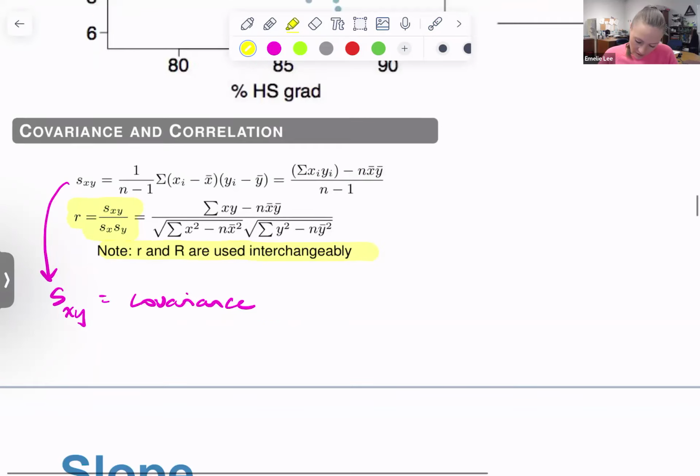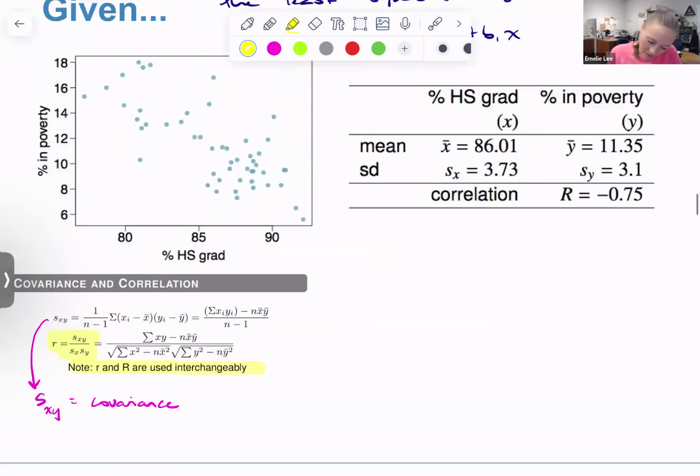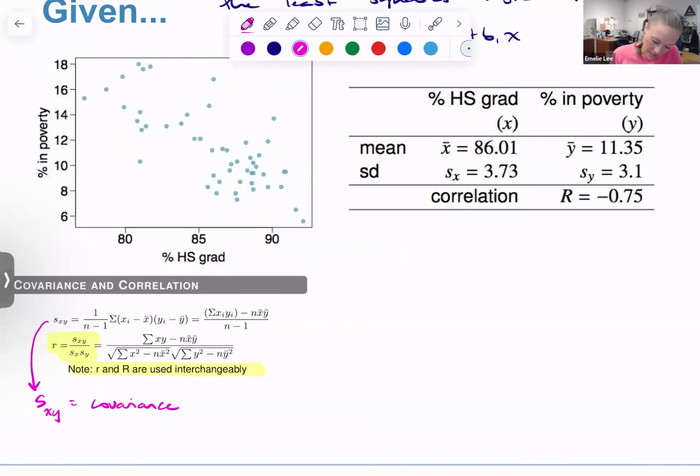Okay? So, if I have an x here, the percentage of high school grads is a column in my Excel spreadsheet. I can find the mean, X bar, and I can find the standard deviation of X. Now we use a little subscript X because we're also going to have the standard deviation of Y, of course.